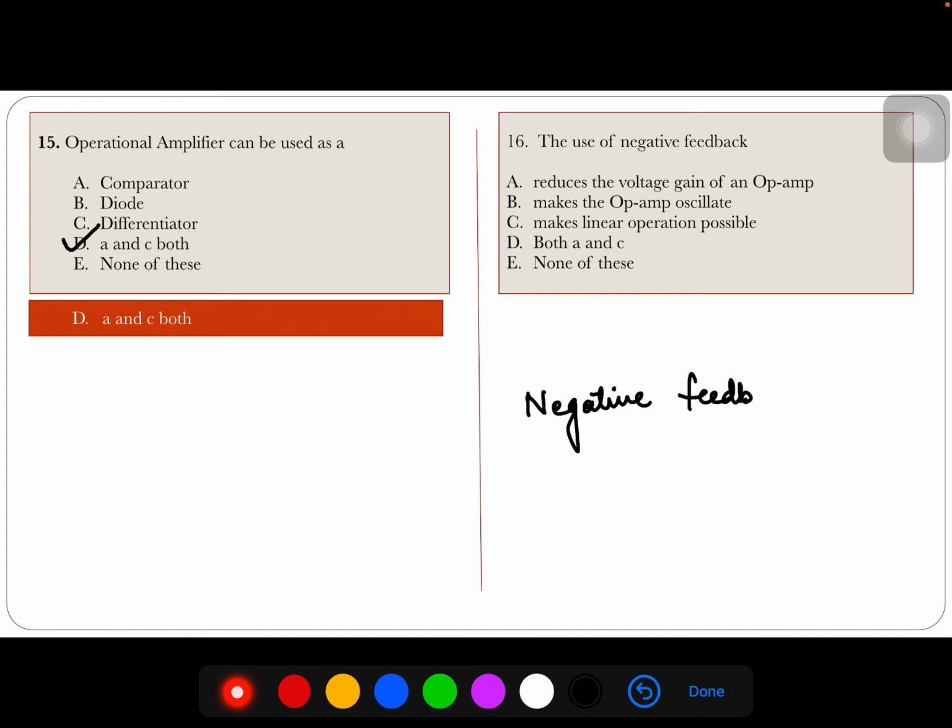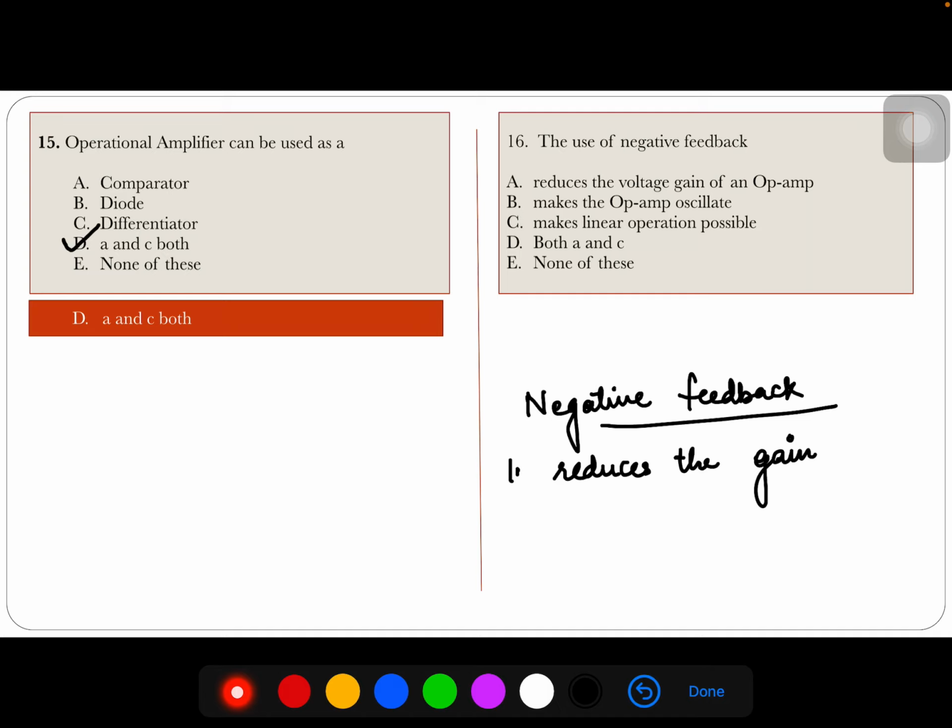Okay, first of all, let me tell you this. For the circuits which are working as an amplifier, the first effect of negative feedback is it reduces the gain. It sounds absurd because it is reducing the gain, and you might be thinking, then why is it advantageous? Yes, it reduces the gain, but at the cost of increasing the stability of the gain, which is much more important.